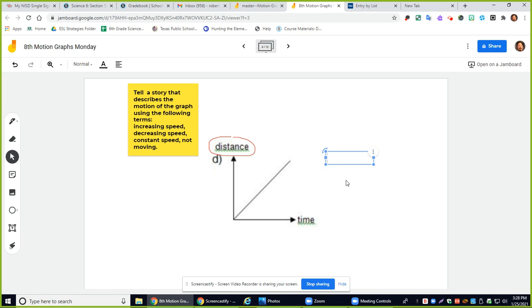So, what type of motion is this describing? Well, it's moving at a constant speed away from the origin.